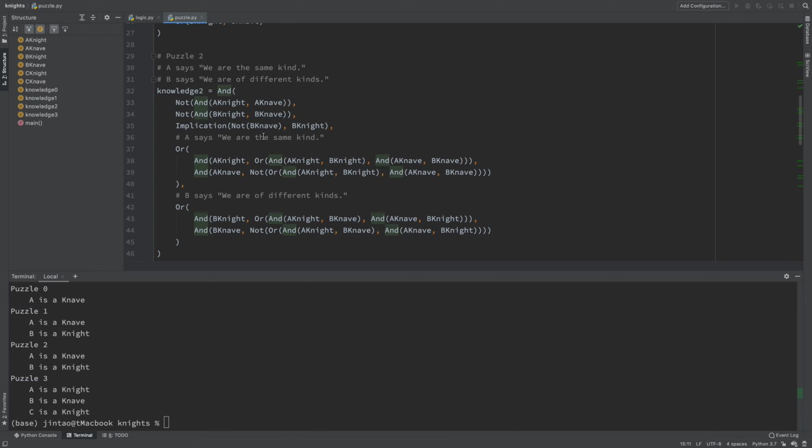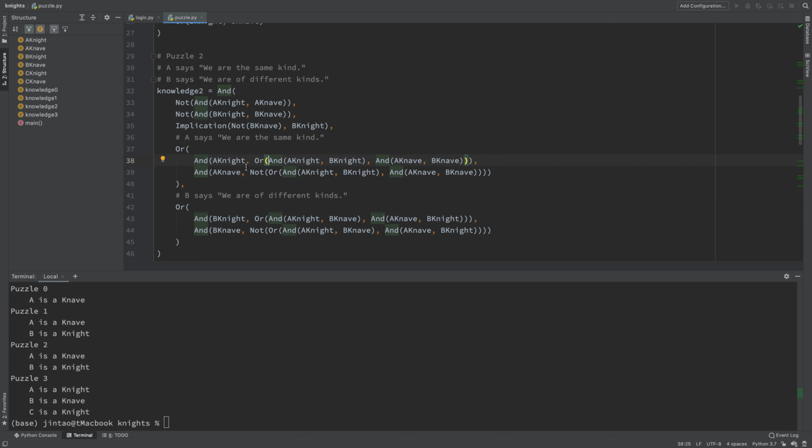First, A says we are the same kind. So there are two situations. Same kind can be both knights or both knaves. So if A is a knight, his statement is going to be true. So one of these two statements, A and B are both knights, or A and B are both knaves, is going to be true.